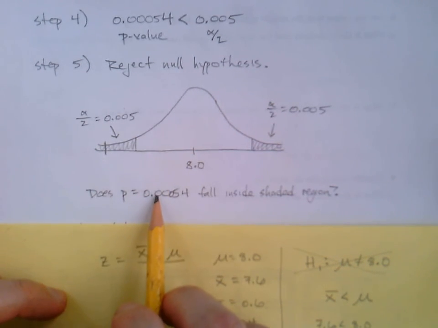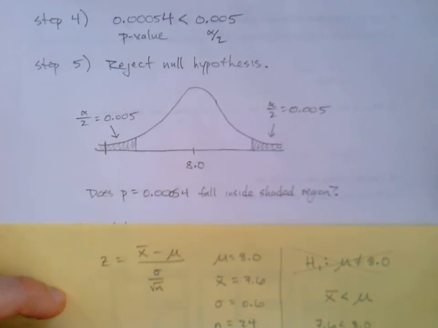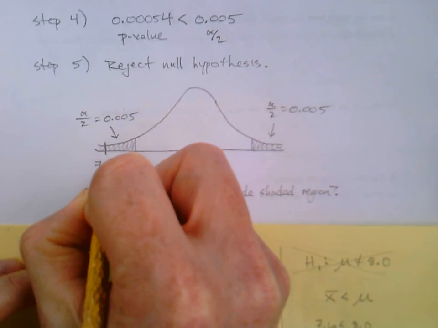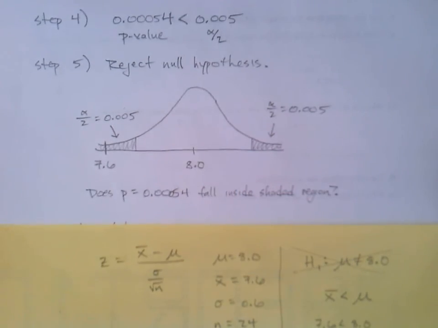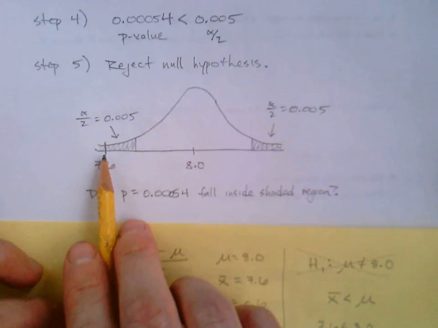I mean, not even 1%, which would be 0.01. It's something like 5/100ths of a percent. It's tiny. That's the sample average of 7.6, way down there. So yes, it definitely falls inside the shaded region.